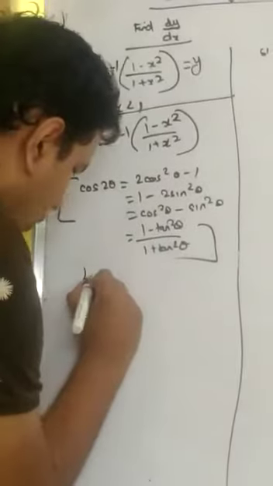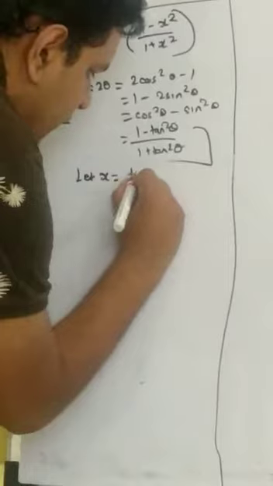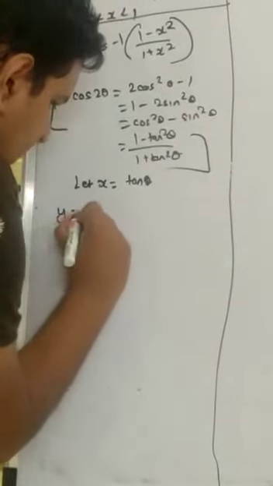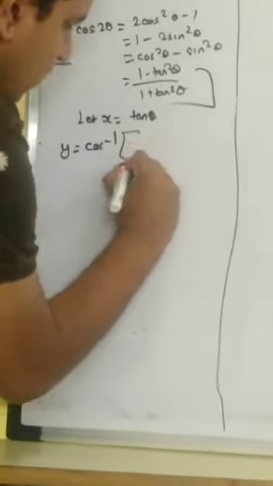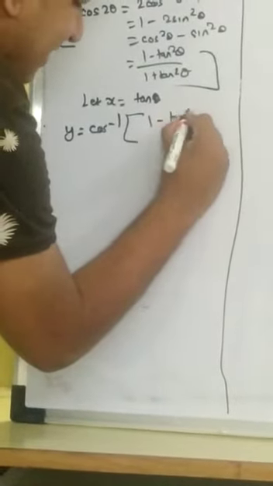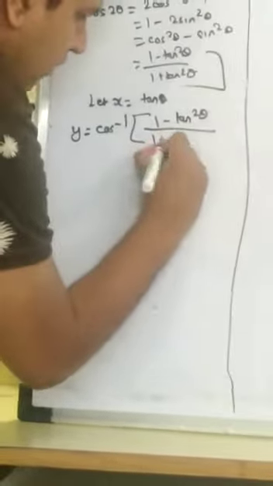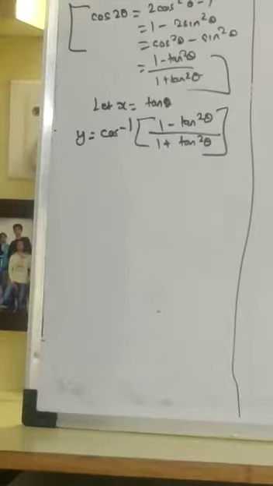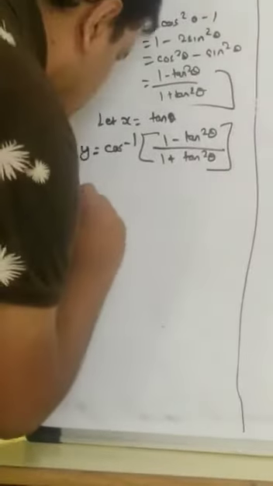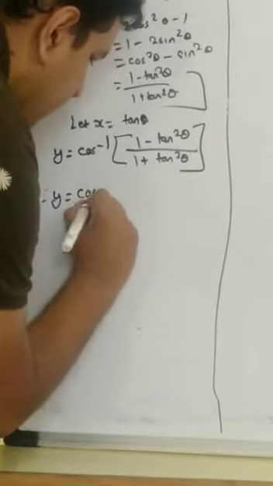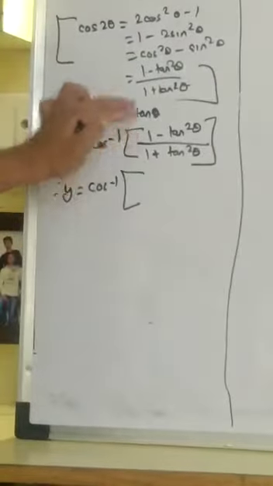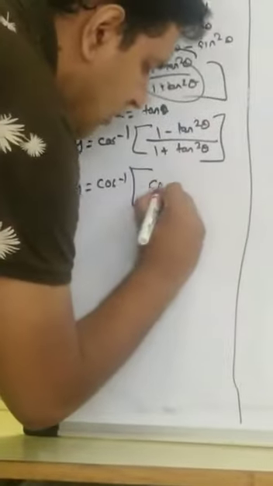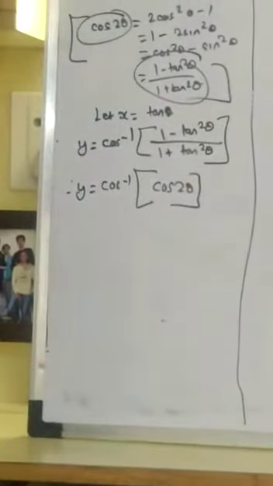So let me once again go with, let x is equal to tan theta. I get y is equal to cos inverse of (1 minus tan square theta) upon (1 plus tan square theta), which is nothing but cos 2 theta.